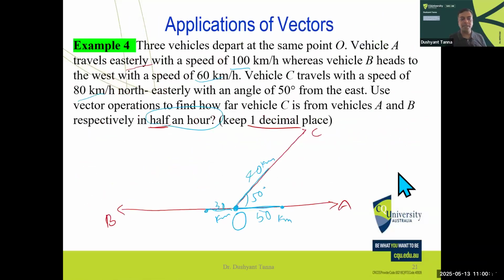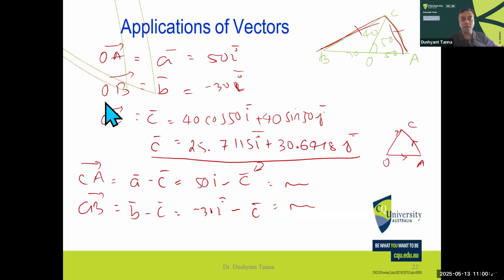Sorry, I'll repeat what I said. We are talking about 3 vehicles here, 100, 60, and 80. A is 100. Just make sure we are focusing on half an hour. So that's 50, 30, and 40 with vector C making an angle of 50 degrees. Once you have OA, OB, OC, the 3 vectors with origin in the center, we are interested in the length.